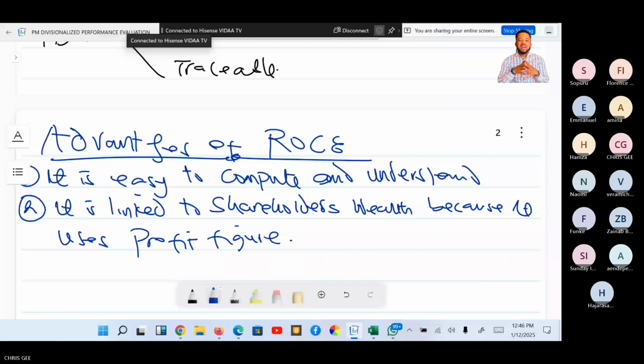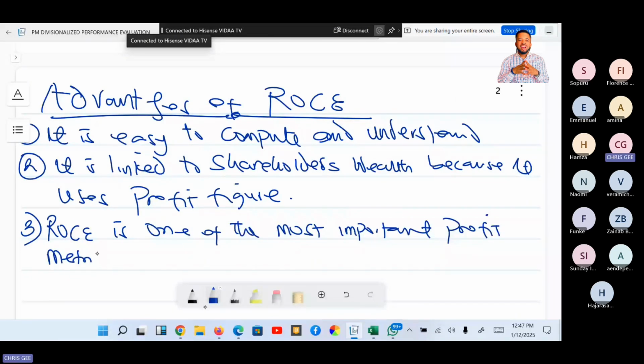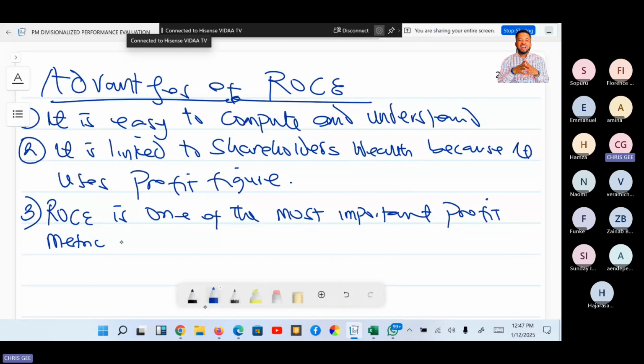Number three, RoCE is one of the most important profit metrics, which is linked to overall business objective. What is overall business objective? Maximize profit.